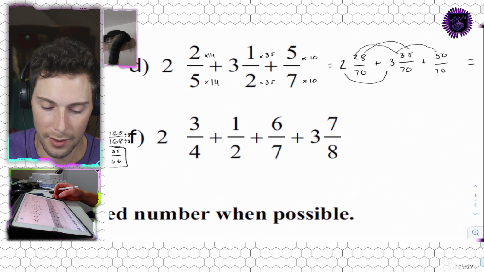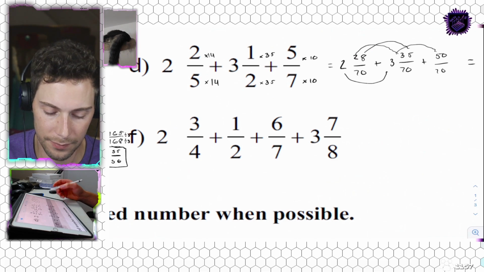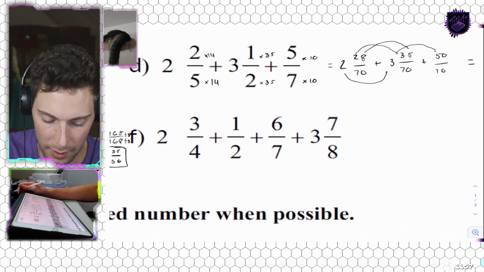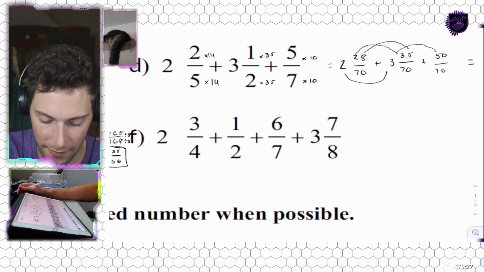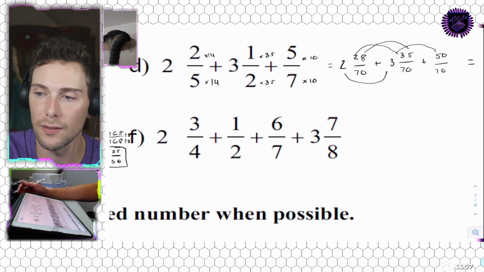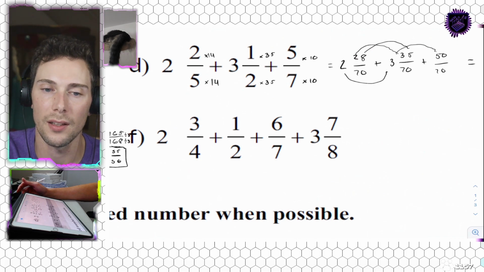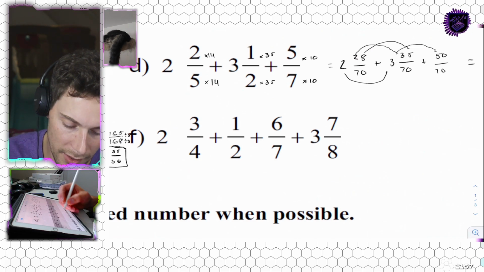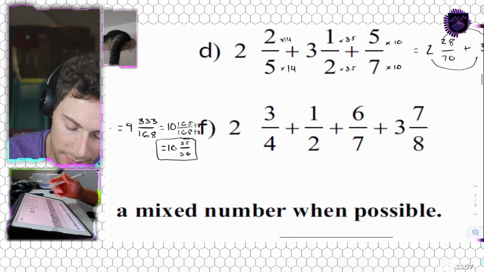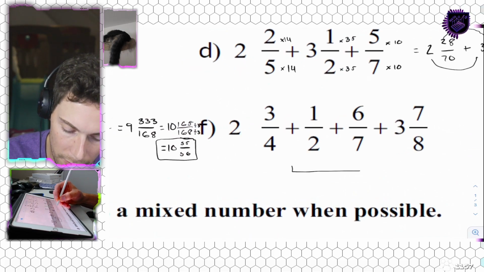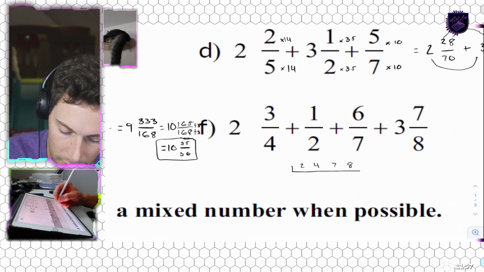There's another one of these. 4F. 2, 4, 7, 8. 56. Does 4 go into 56? 40. It does. Thank goodness. Let's prove that. We'll go 2, 4, 7, 8.